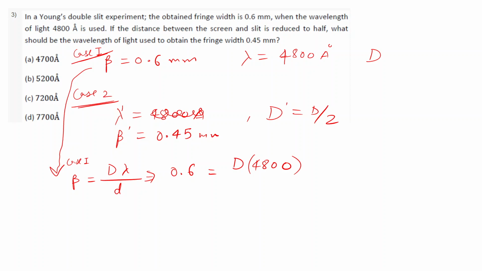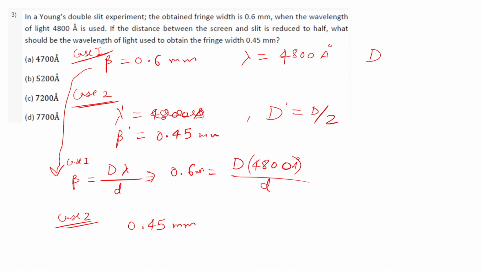And small d, the distance between these two slits, I think that has not been given to us. This is for case 1. For case 2, when I apply this formula, the fringe width is 0.45 mm.